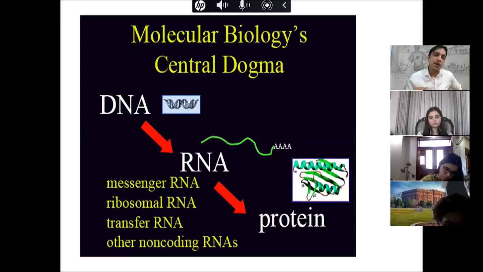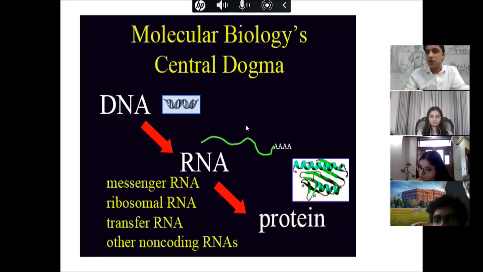Or if a cell does not require the expression of a certain messenger RNA at that much concentration, the cell can tune it down with the help of modifications called post-transcriptional modification. This type of regulation exists at that level, and it is called regulation at the post-transcriptional level, after the transcription.